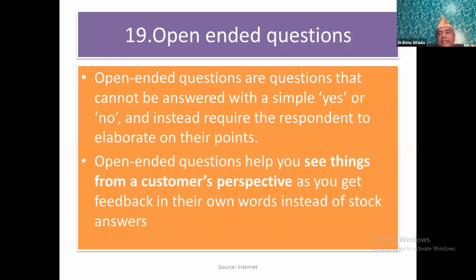Now we are coming to the questionnaire. Actually, there are two types of questionnaire. One is the open-ended question, and the other is the closed-ended question.